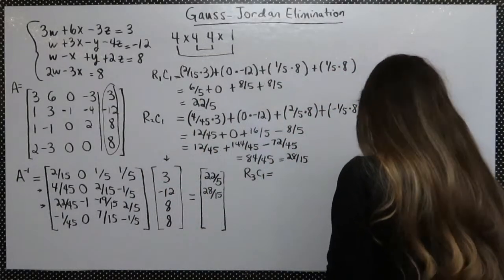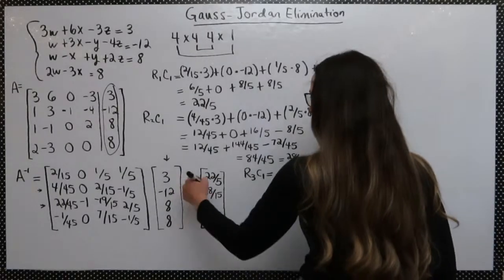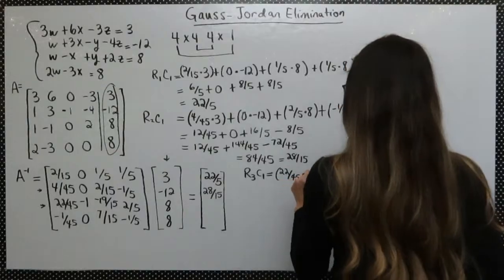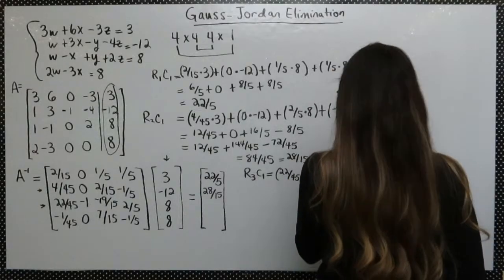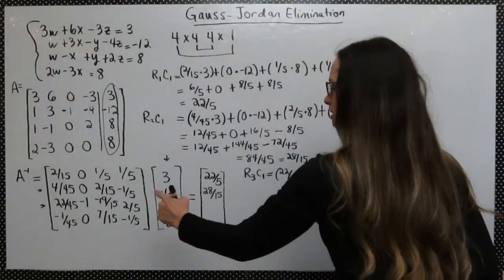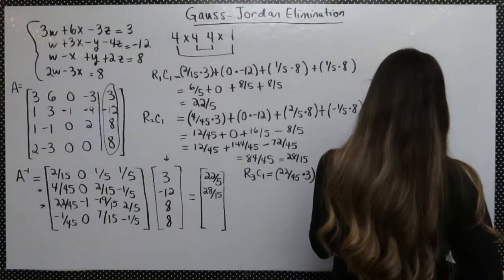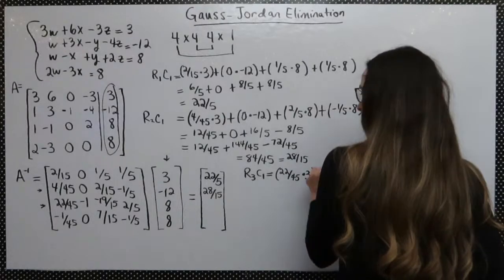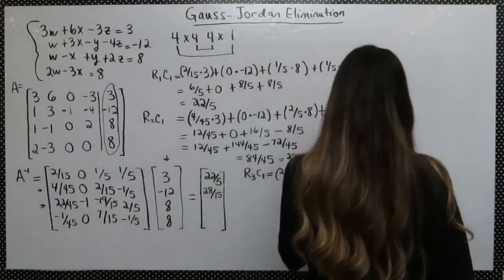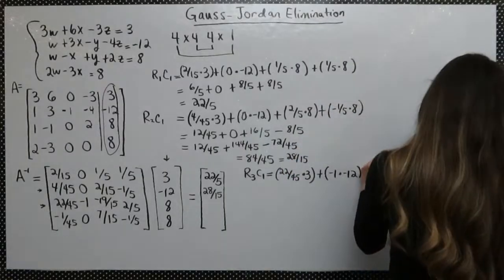All right. So we've got 45 times 3 plus -1 times -12 plus, it looks like, -19 times 8, -19/15.